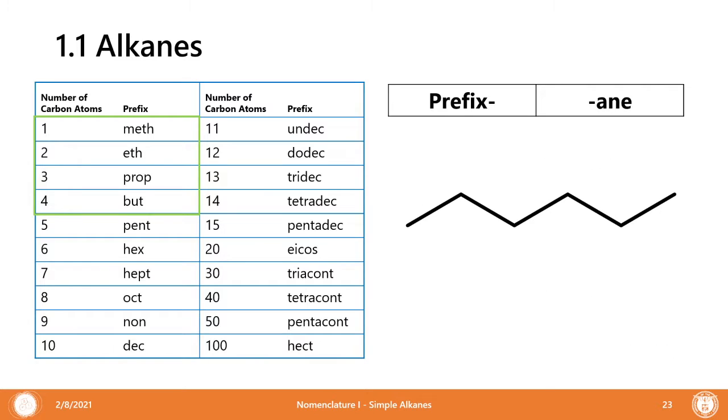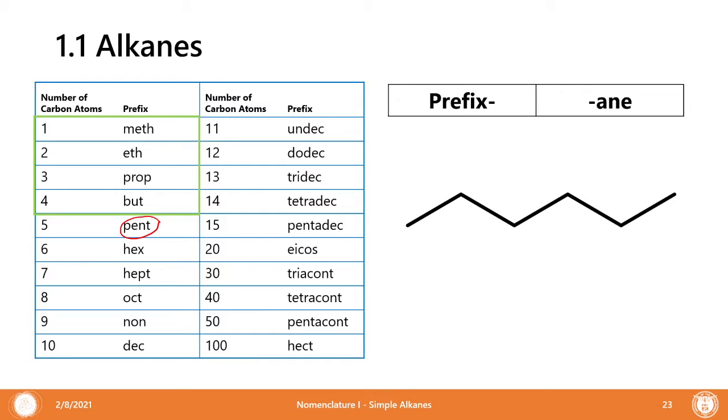Okay, so alkanes are typically named using a set of prefixes. And these prefixes, if you may notice, from number 5 onwards, take on the prefixes of polygons: pentagon, hexagon, heptagon.